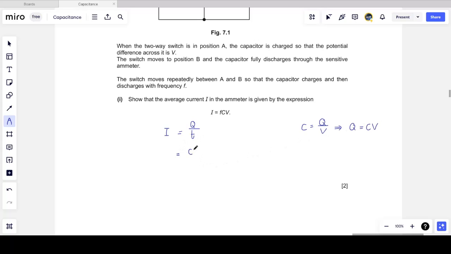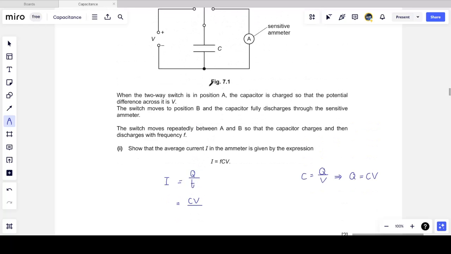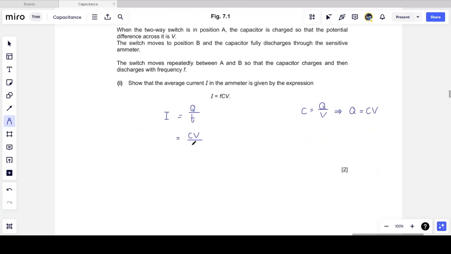So I can write Q as C times V. Now the time that this happens is the period for the switch to flip between A and B. Remember, 1 over frequency is the period, so I can write this as CV over capital T, uppercase T being the period. And then, remembering that 1 over period is frequency, I get this to be FCV as required.